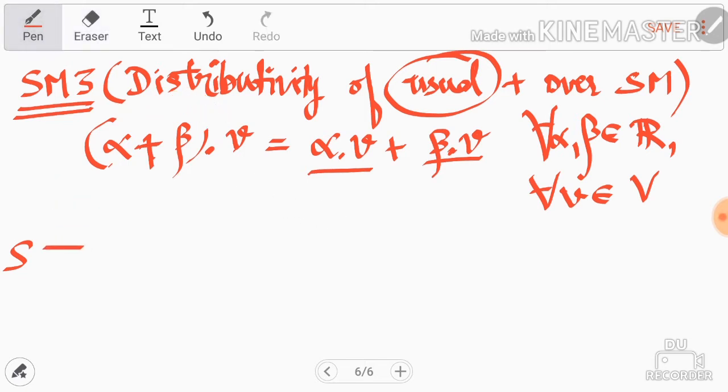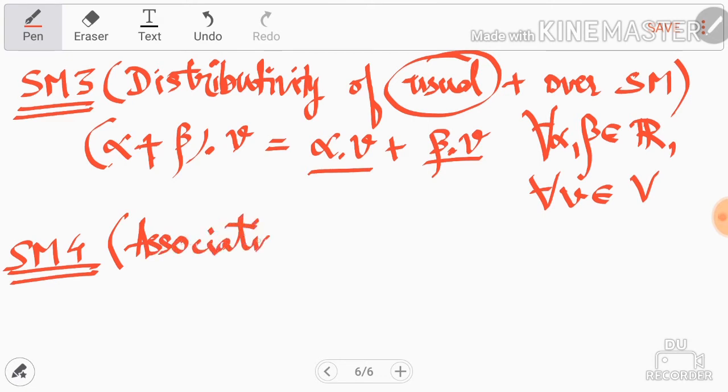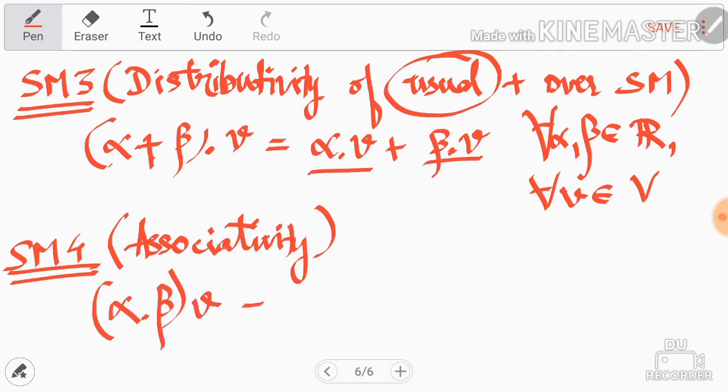Now let's talk about the fourth property of scalar multiplication, which is the associativity property again. So what would associativity mean here? This will simply mean that (alpha times beta) times v is same as alpha times (beta times v).